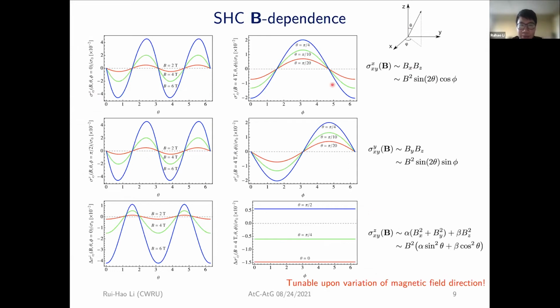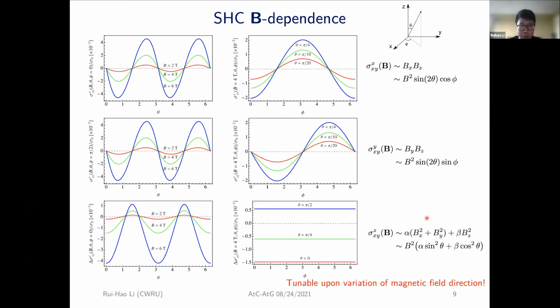And the second column shows the spin Hall conductivity as a function of the azimuthal angle, phi. Basically, you are imagining rotating the magnetic field in the horizontal plane. And the three different curves correspond to different theta angles. By these plots, you can determine the total B dependence of these spin Hall conductivities.